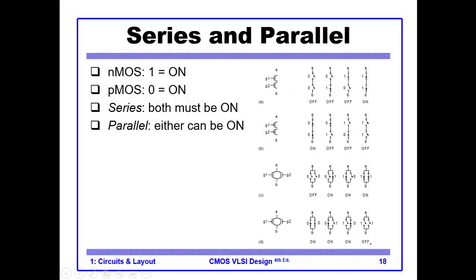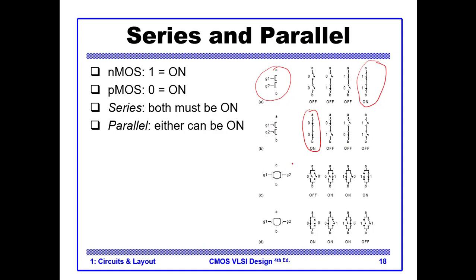Okay, so series and parallel. We have already discussed for a series, if we have 2 transistors, for example this one, if we want them to conduct, both of them should be on. So this should be on and this should be on. If any of them is off, the output is off. So this is for NMOS. For PMOS, both gates should be 0, then it will be on, otherwise it is off.